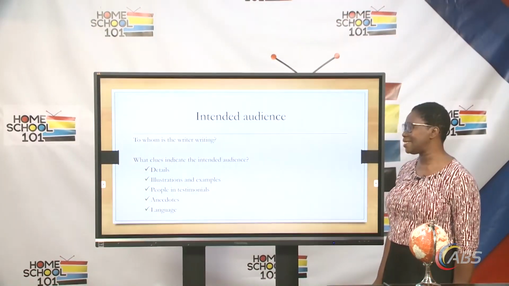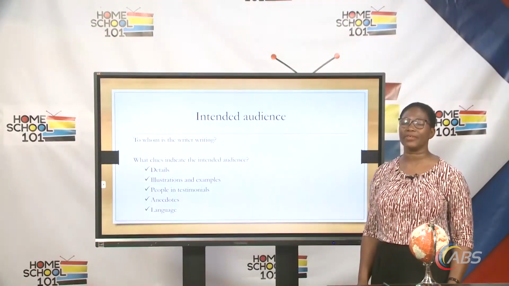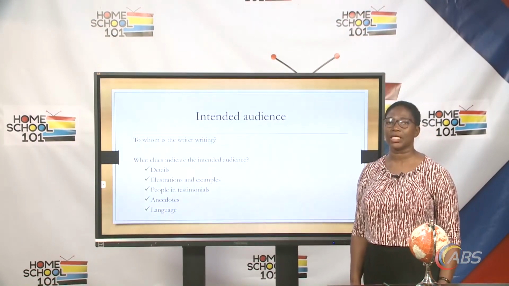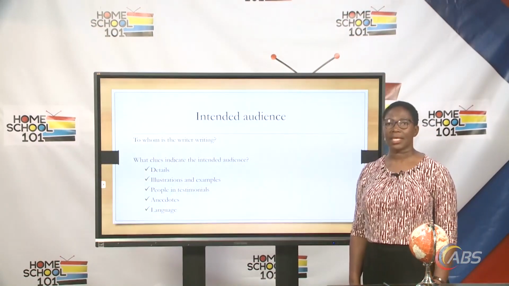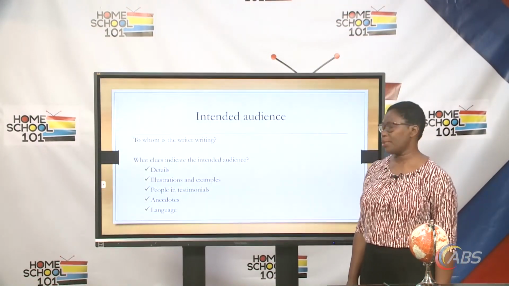First, we have the details that are given. Those details would be things that would appeal to a particular category of people or a particular group of people in society. For instance, if the writer is giving examples and using details related to sports, then you know that he might be targeting sports enthusiasts. If he or she is talking about things related to parents, then you know that the intended audience is parents.